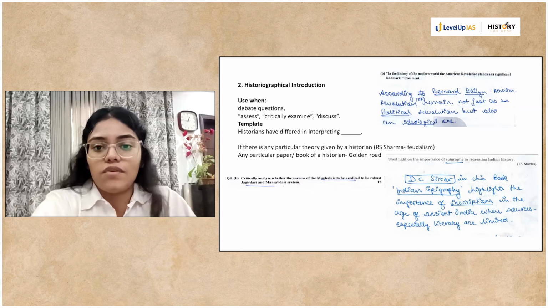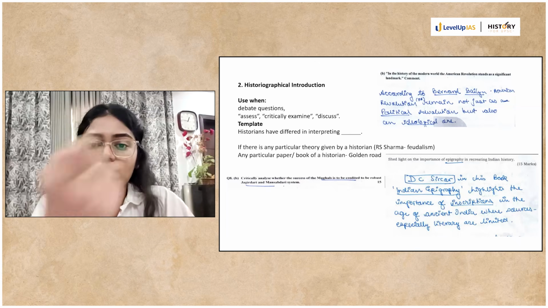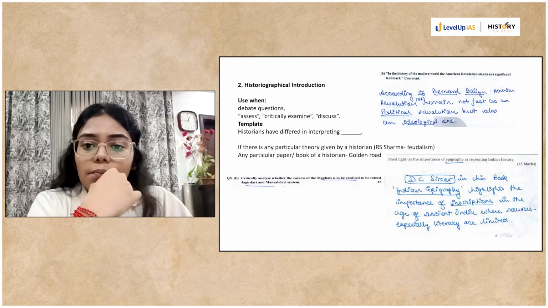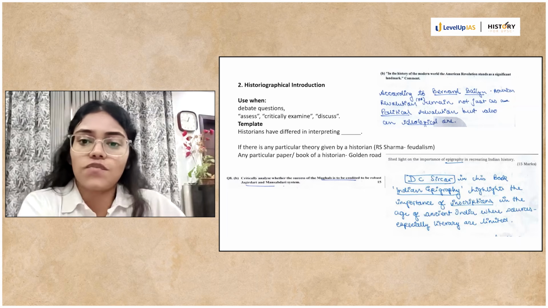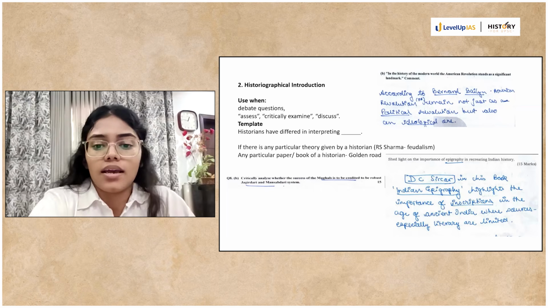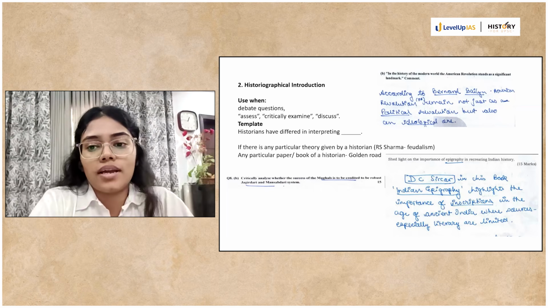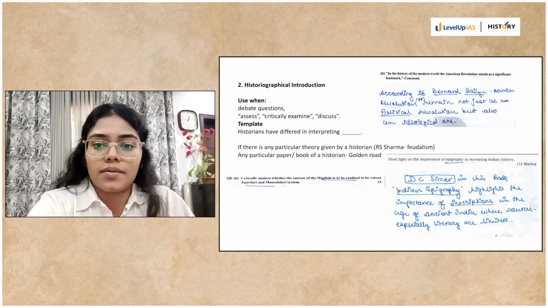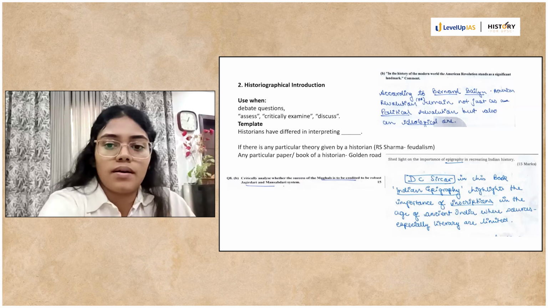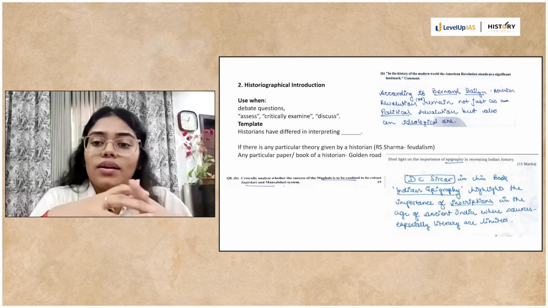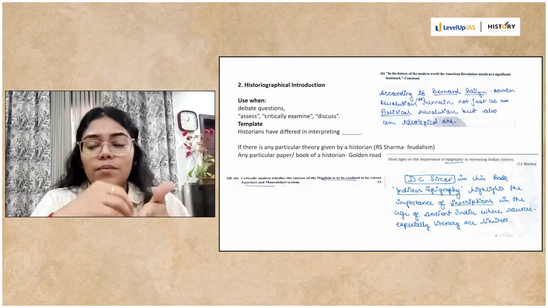So, for example, this was the question that the American Revolution stands as a landmark in the history of the modern world. Now, this question is demanding that you understand the significance of the American Revolution.